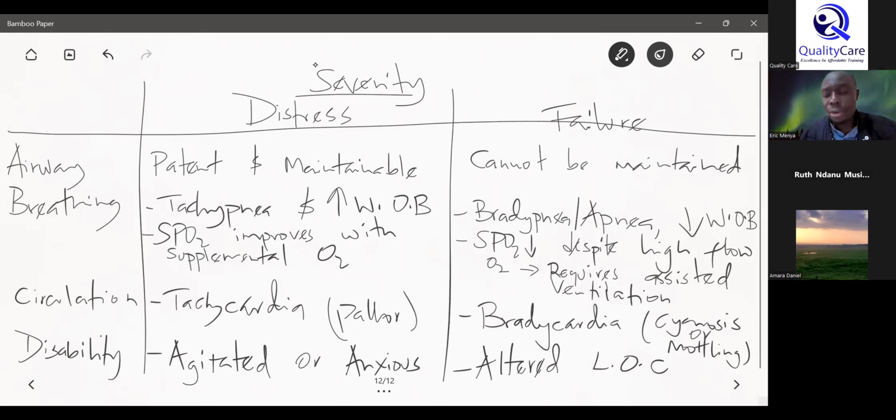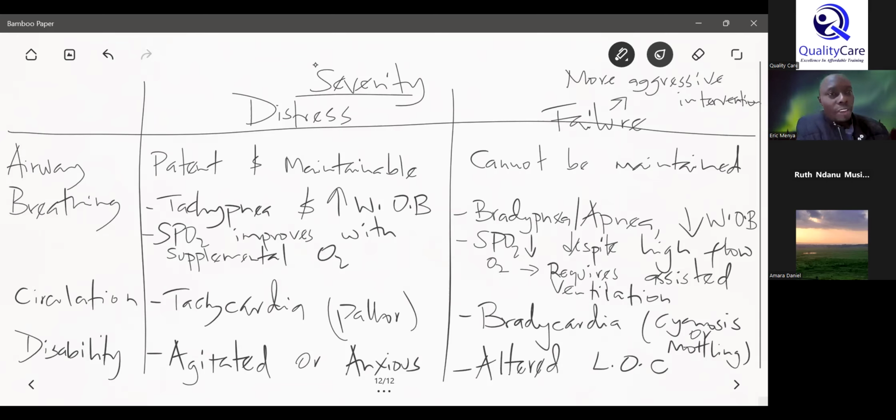So that is how you can tell. Now, whenever we get to failure, you need to be more aggressive. More aggressive interventions. So advanced airway, assisted ventilation, whatnot.